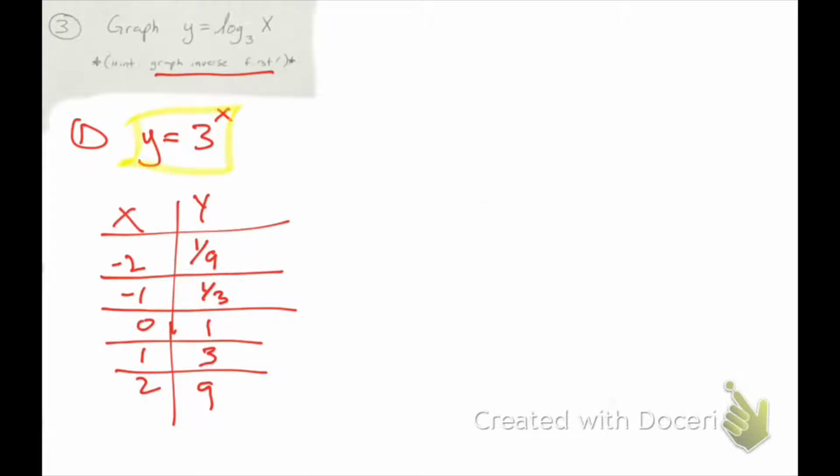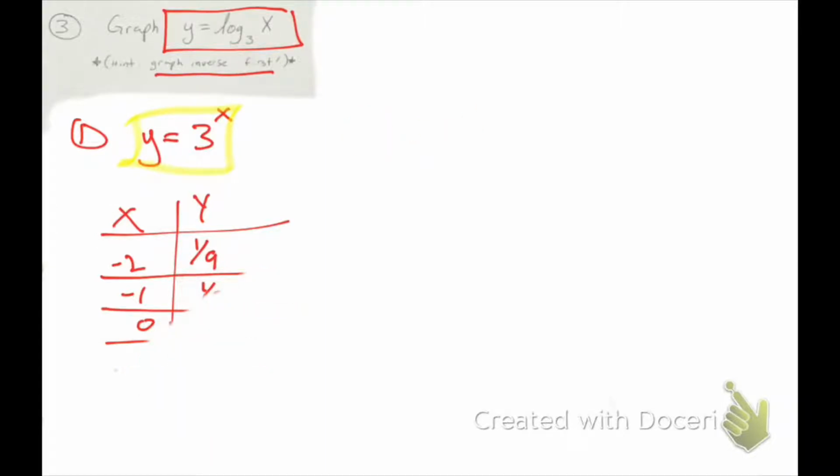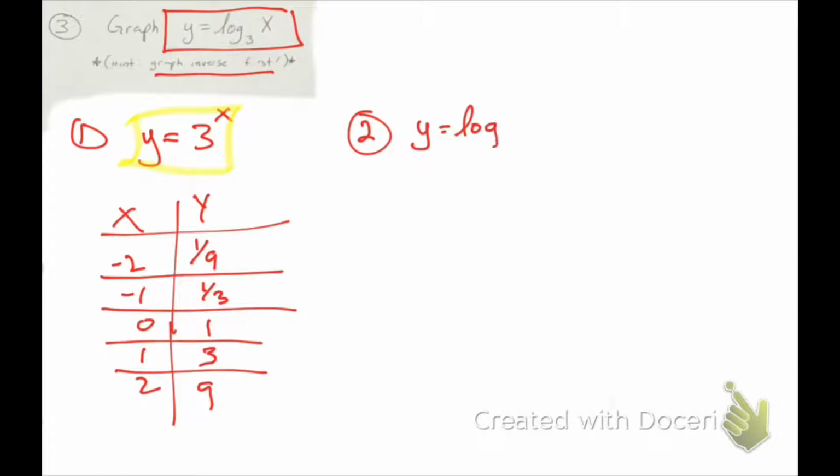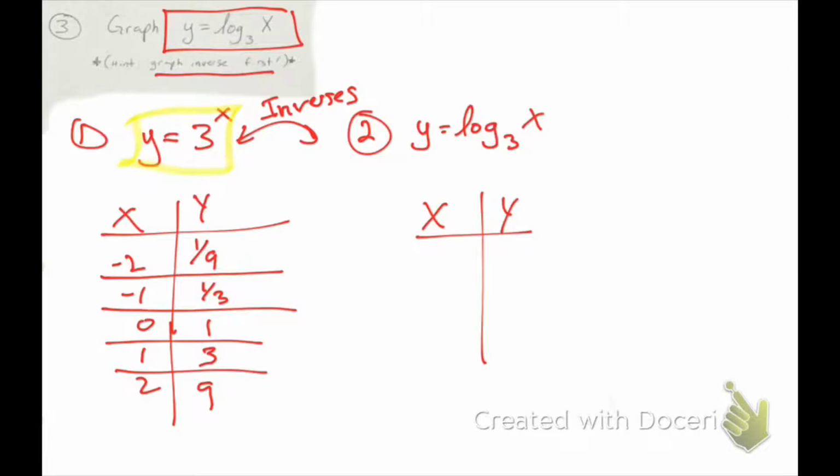But now let's go ahead and look at the actual log function. Let's just look at the log base 3 of x. That xy table is the inverse. These are inverses. So all I have to do is flip or swap all of my xy coordinates.